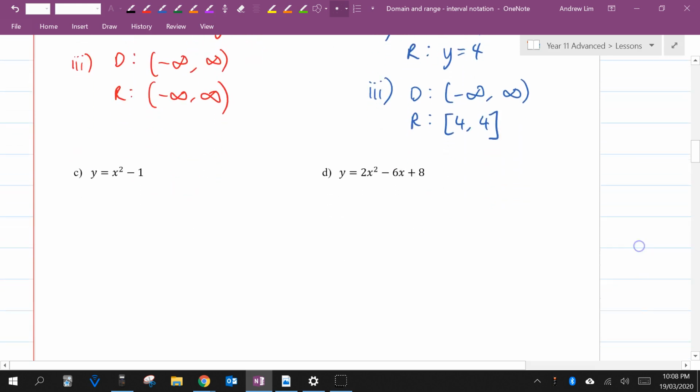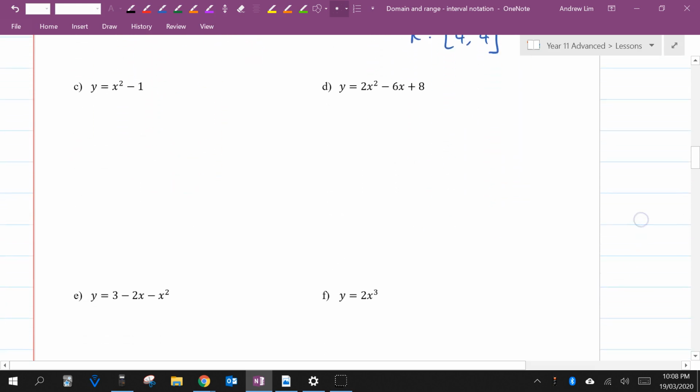Alright, let's have a look at question C. Here we have a parabola. We know that it's just y equals x squared shifted down 1, to -1. So part 1, parabola.